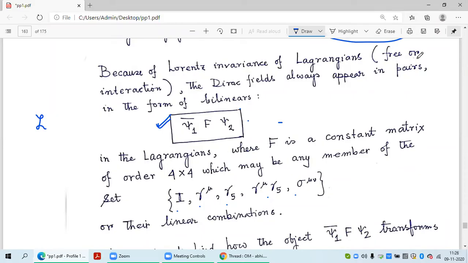I will come to that, but for the time being let us postpone that discussion and see how this object transforms under charge conjugation. Clear?